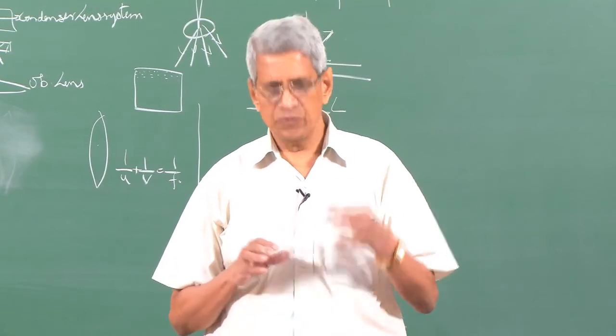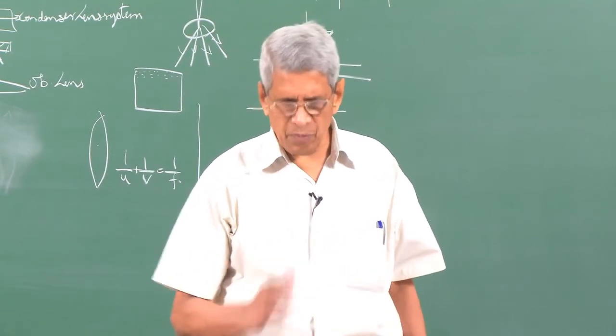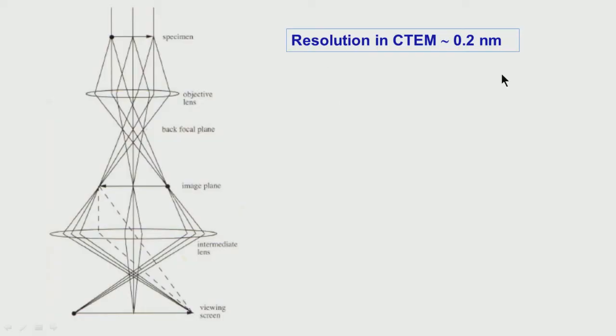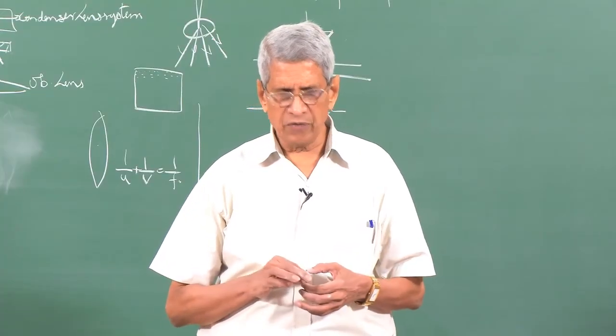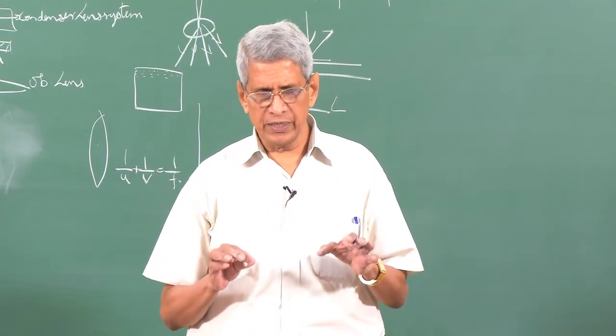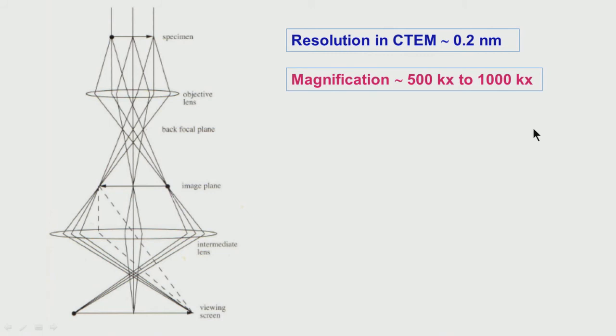What is the resolution which we can have in TEM? We will talk about resolution a little bit later. In a conventional TEM it is of the order of around 0.2 nanometer. Features of this size we should be able to resolve. What magnification can we go to in a microscope? We can go up to 500,000 to 1,000,000, that is 1 million times magnification.